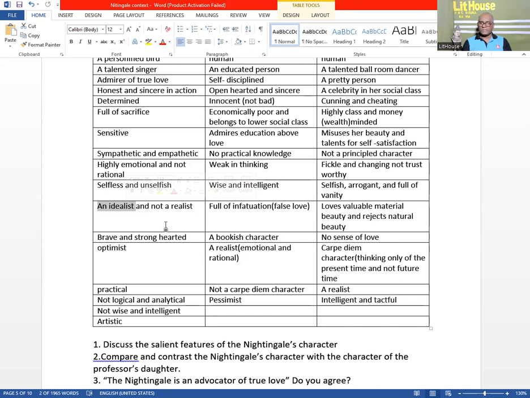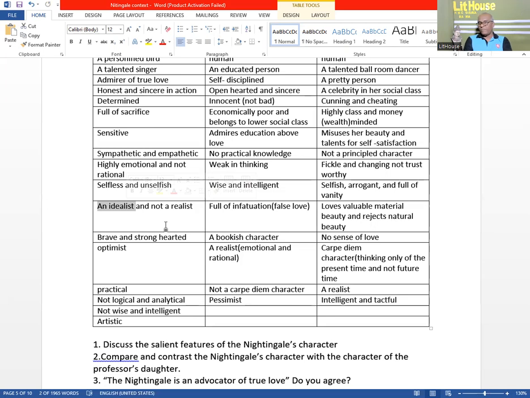Ideal means perfect. There are no errors. No badness. Completely white. There is no blackness. Completely white. Ideal character. She thinks of ideal love. Perfect love. True love. Right.